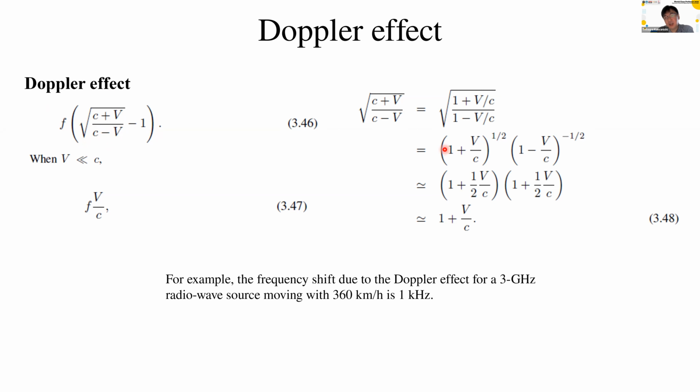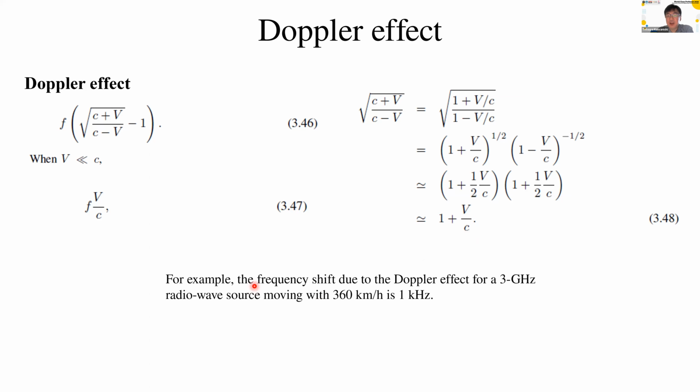I don't want to explain the details of the mathematics, but finally we can get a simple equation like this. The frequency shift can be described simply by the moving speed v over the speed of light c.